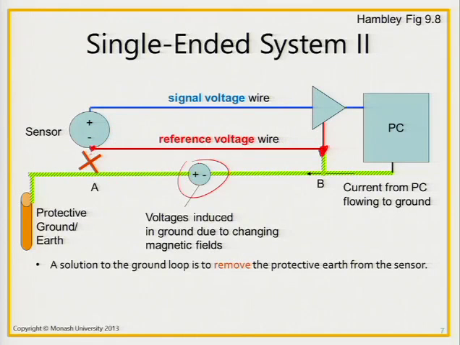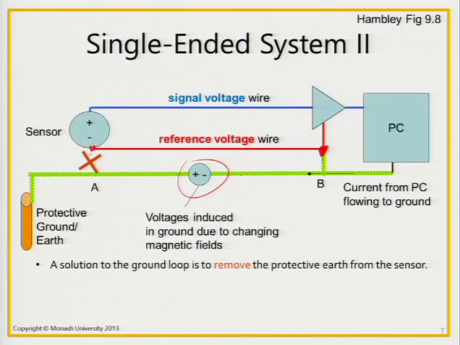Good idea? Maybe not, because when we start disconnecting paths for current and electricity to flow through to safety paths, which is what an earth path is, then electricity starts to take weird paths to lower energy.